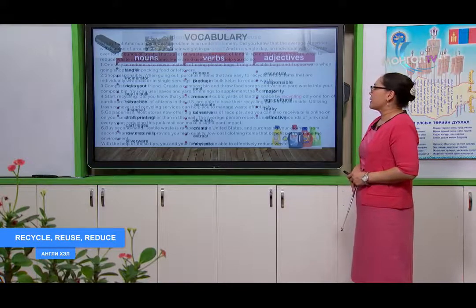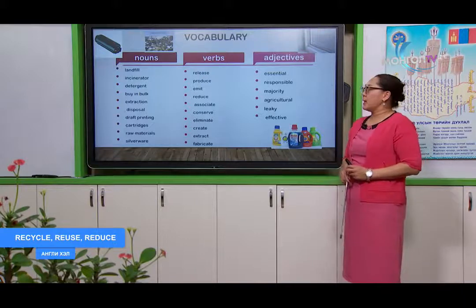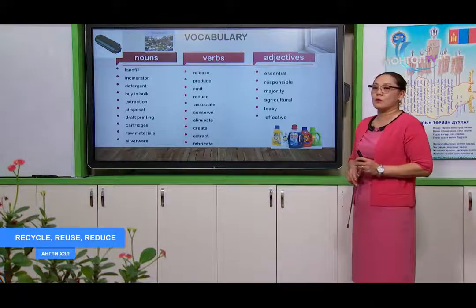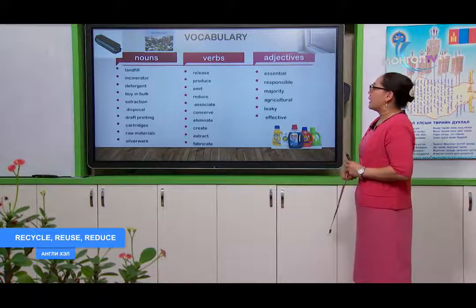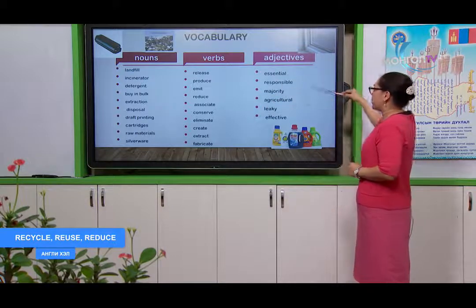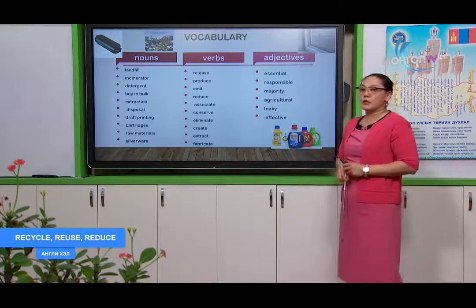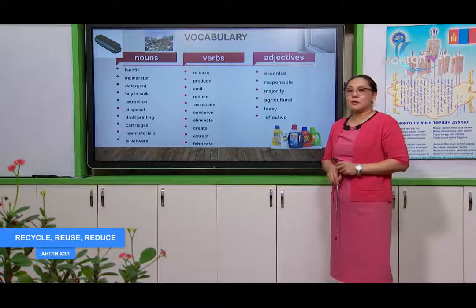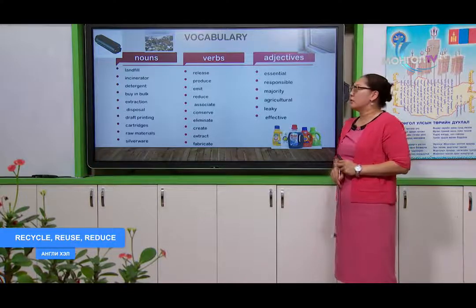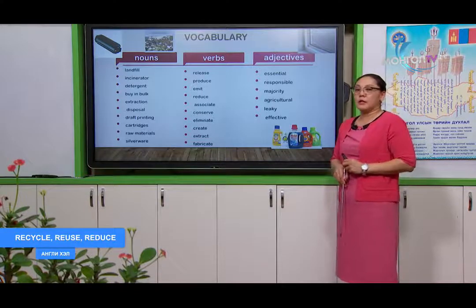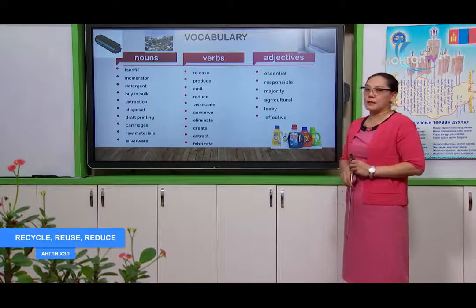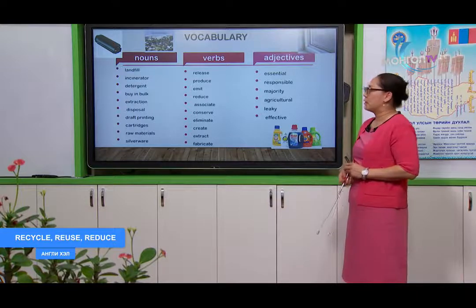Let's continue. We have some vocabulary on page number 121. I have divided the words into nouns, verbs and adjectives. When you are translating the words, check whether it is a noun, an adjective or a verb, because they have different meanings when used as a noun, verb or adjective.